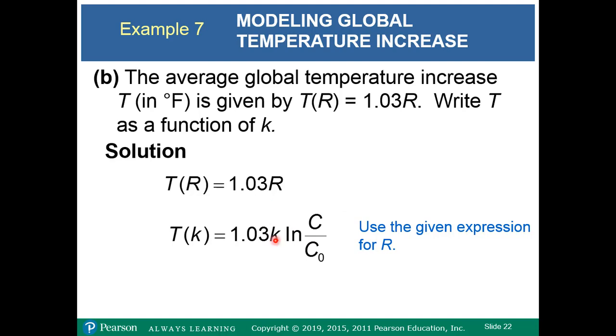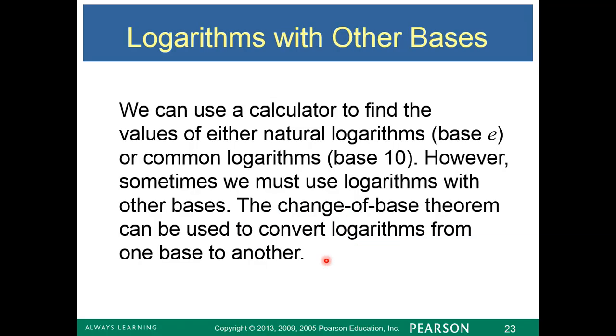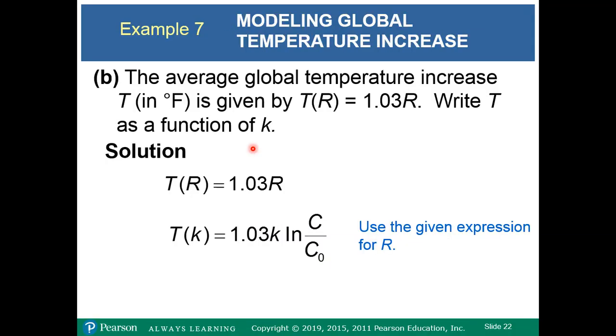Okay, the given expression R is K times the natural log of C over C0. Okay, so now we want a function of K. Let's see here, where these are going to be known. Okay, that's it. So this is our function of K.